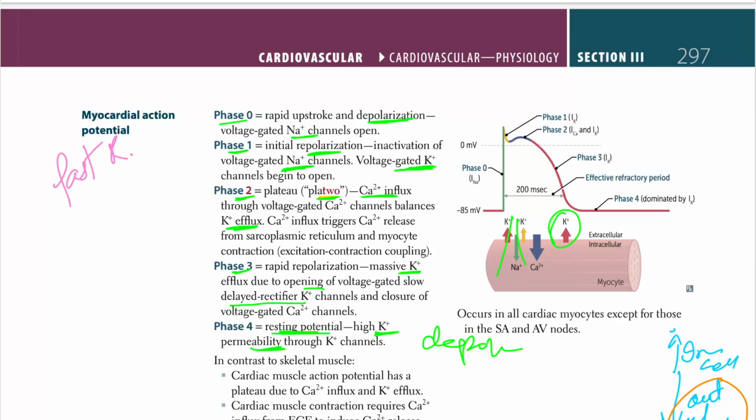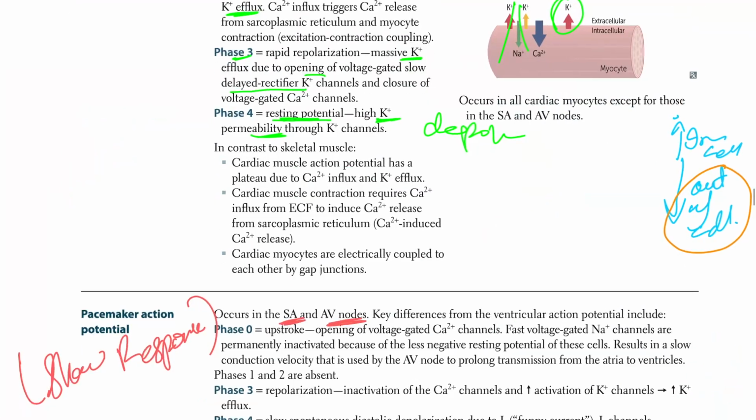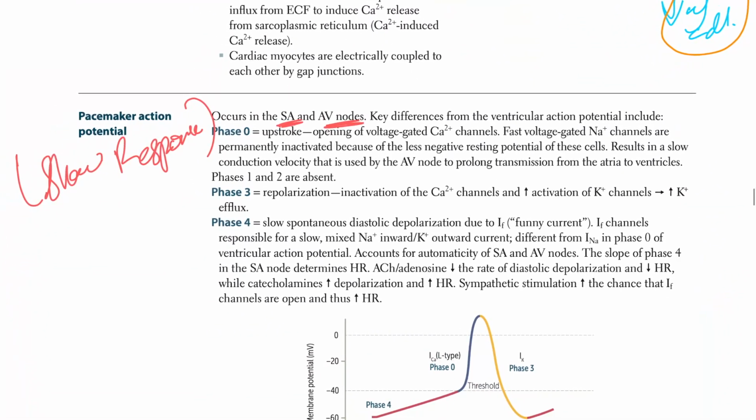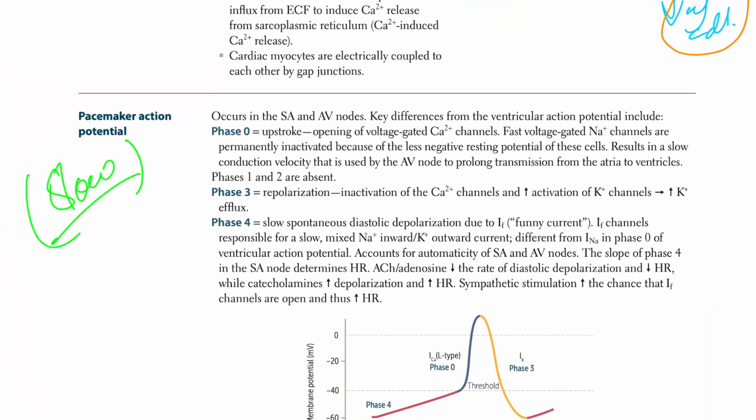For the myocardial action potential. Now let's look at the second thing, which is called slow response, or your pacemaker. It's contrary to thinking, right? Slow response is the pacemaker. Yeah, because they are the pacemakers. Which are the pacemakers? The SA and AV nodes.